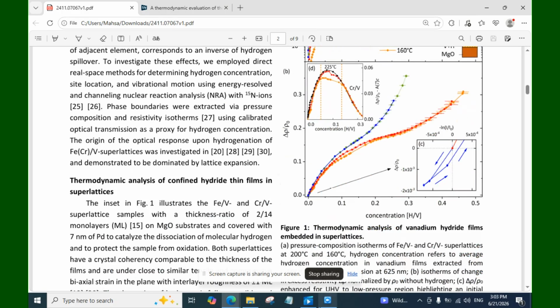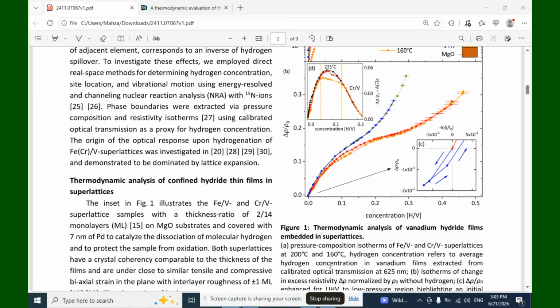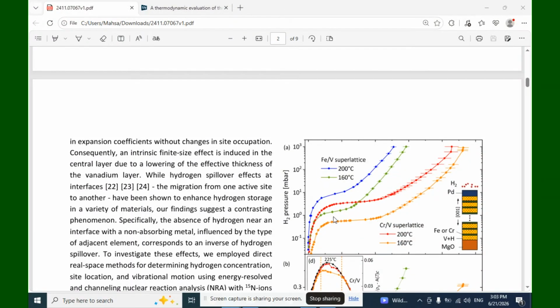So you see there is Figure 1. Figure 1 illustrates the thermodynamic analysis of the vanadium hydride films embedded in the superlattices. In this section you see that we have the hydrogen pressure in millibar. We have the Fe/V superlattices, where the blue line is about 200 degrees Celsius and the green line is about 160 degrees Celsius, and the next ones, red and yellow, are the Cr/V superlattices.